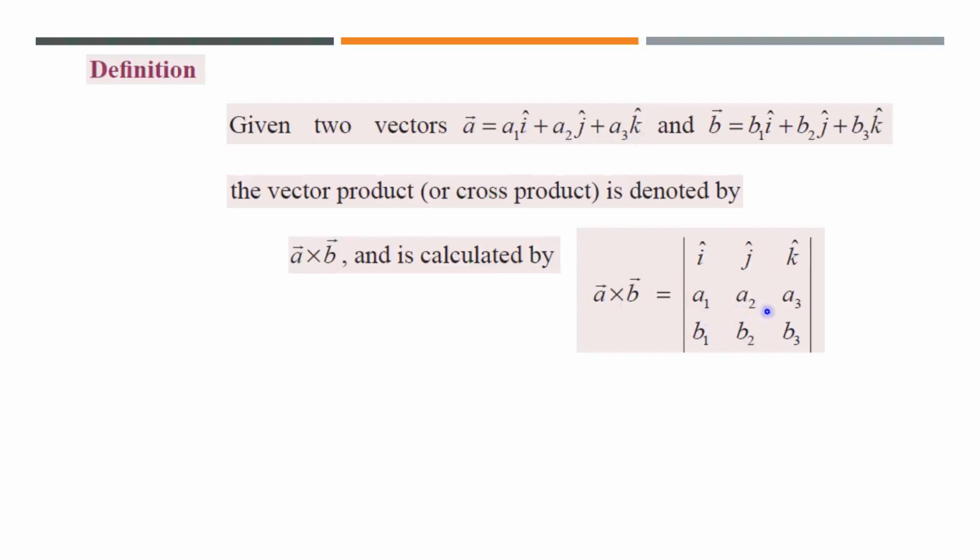Similarly for the b vector also you have to write, then you have to find the determinant value for this. Now a vector cross b vector is a vector, that is, the answer is in the form of i cap, j cap and k cap.